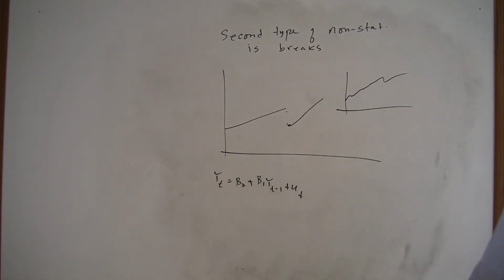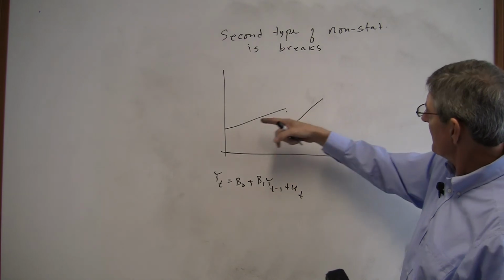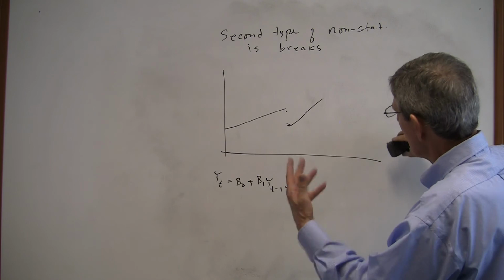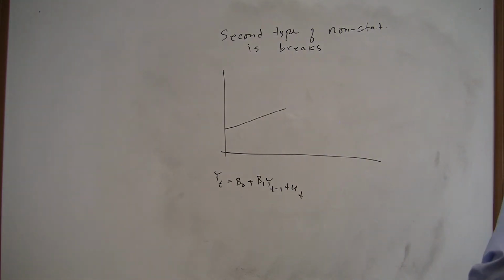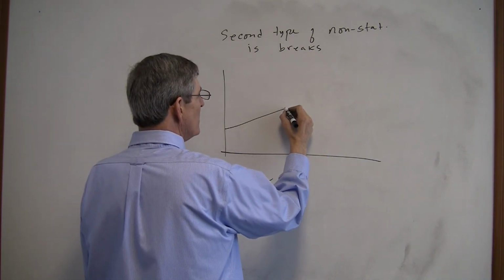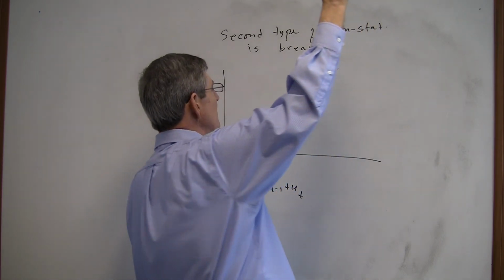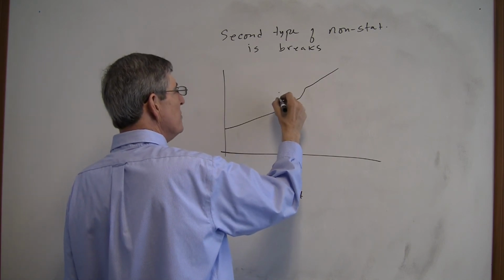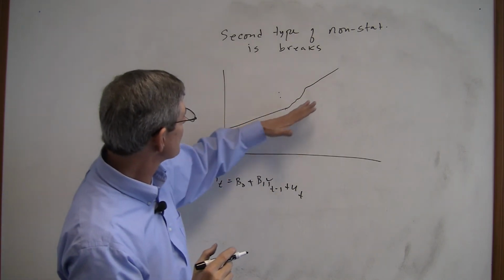And when you have those, the mean of the series is different in one place than the other, and the variance can change and all sorts of things. So it creates a non-stationarity. The other type of break that you can sometimes see is not these abrupt breaks at a point in time, but the model will slowly drift up to some new regime. So it's not like it just suddenly jumps at this point in time to a new model, but it takes some time.